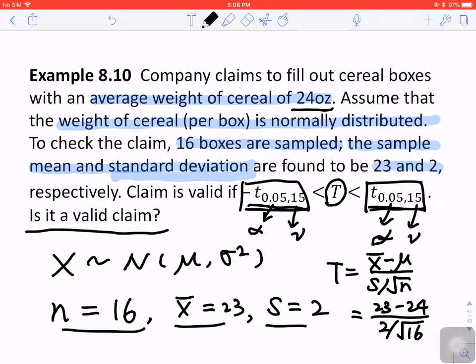So this value is equal to -2. Then I'm going to check whether -2 falls into this interval or not. So what is the value of t 0.05 with 15 degrees of freedom? Once you know this, you're going to know the other one by adding a negative sign.